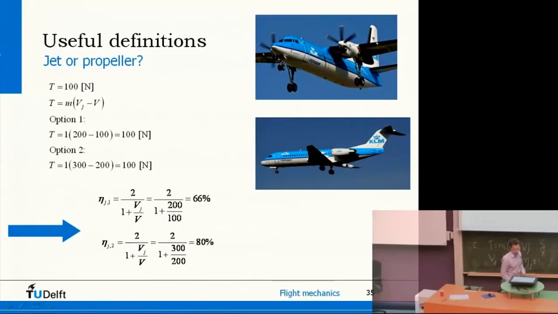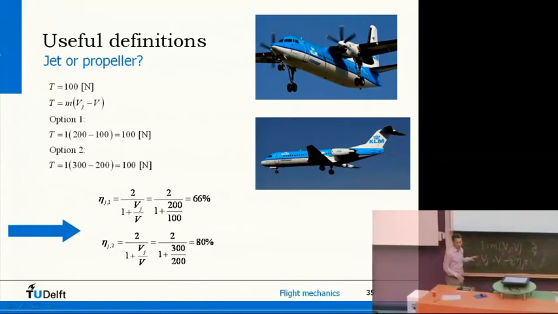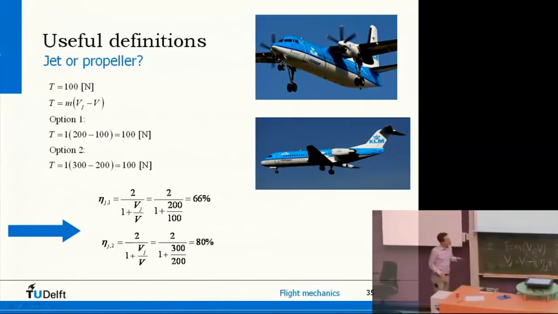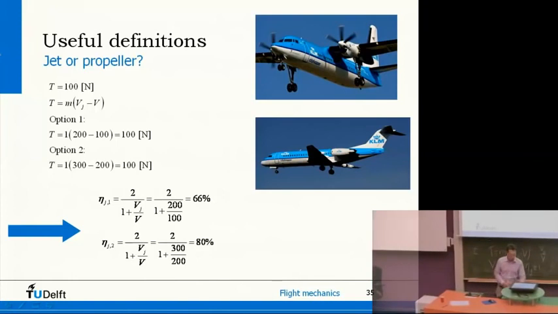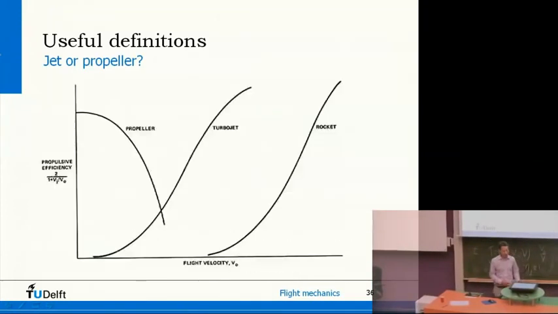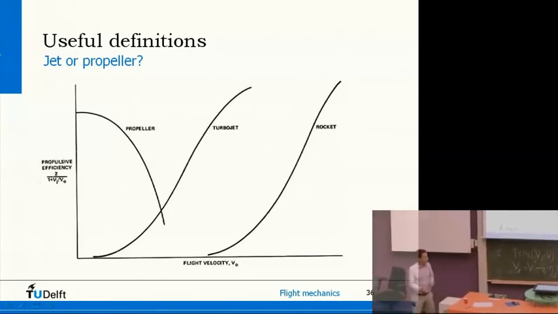And this is why the question whether you need a jet or a propeller has no simple answer. A propeller isn't worse than a jet. In fact, even though it may look older, a propeller is better at lower speeds and a jet engine is better at higher speeds. For each speed at which you're flying, there is a certain propulsion system which is most efficient. At low speeds you might want to use a propeller.